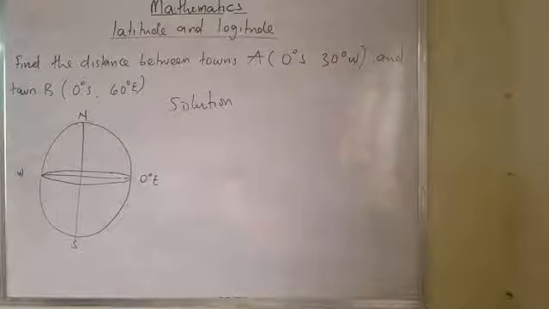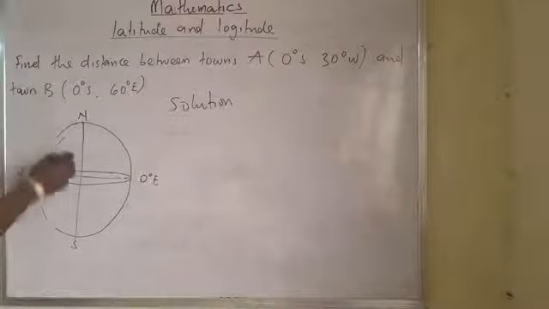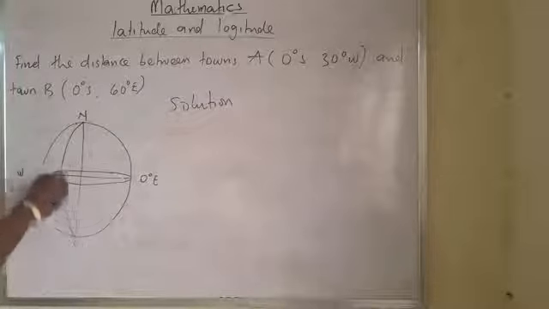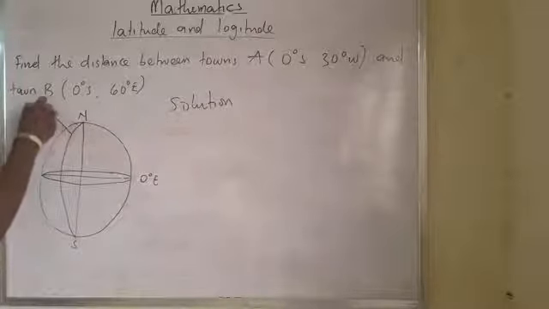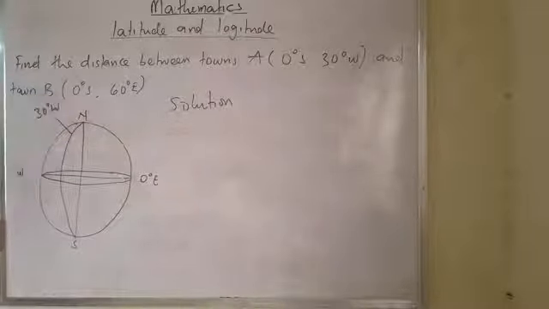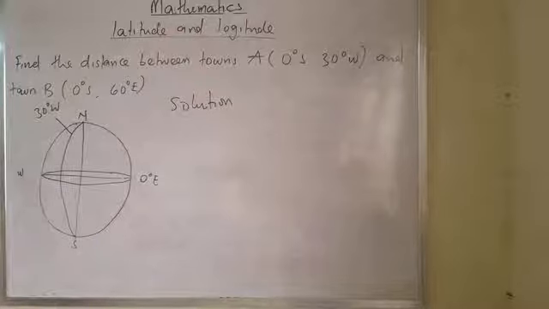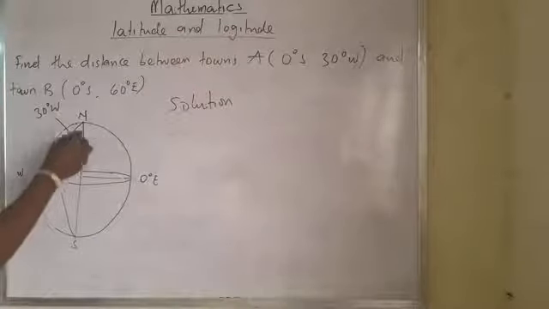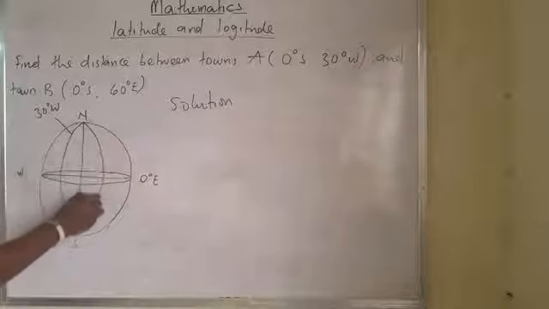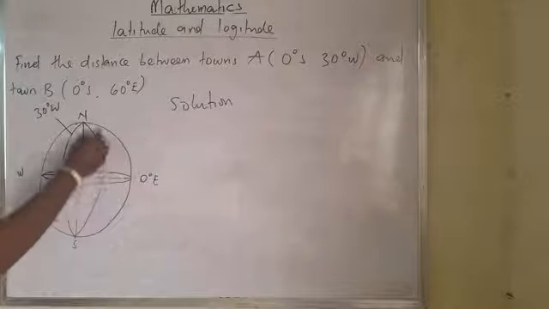And the second one is 30 degree of west. This is going to be 30 degree of west. And the next one is 0 degree of south, which I'm having this, and 60 degree of east.